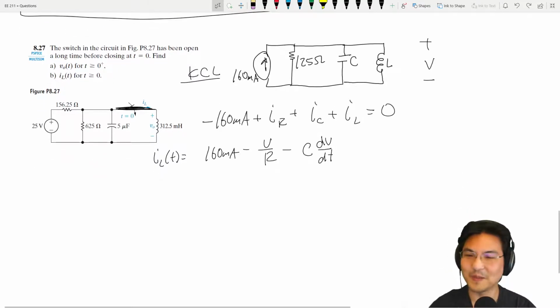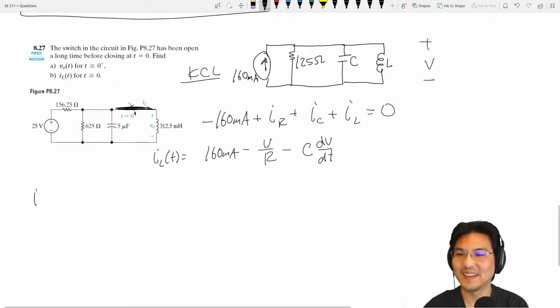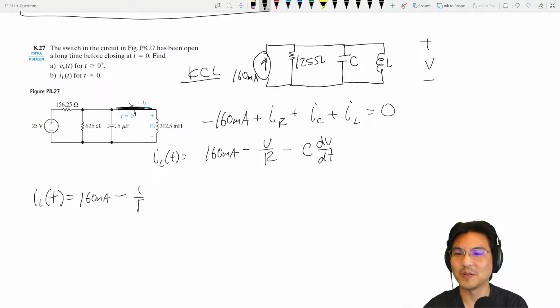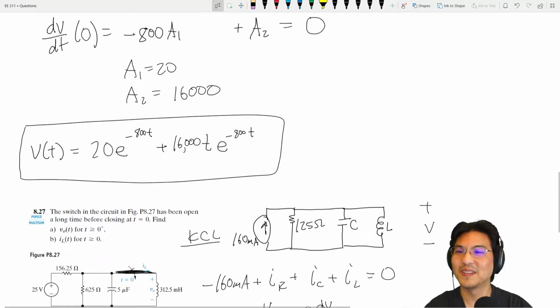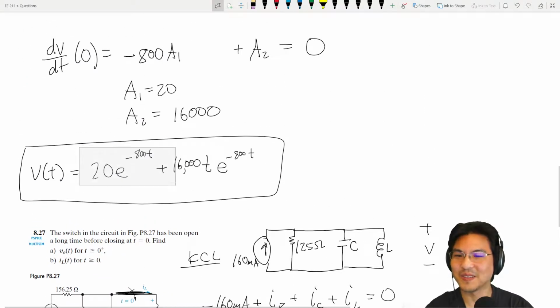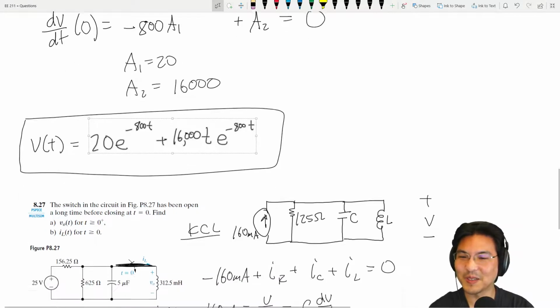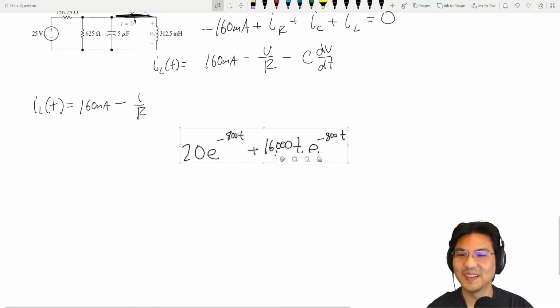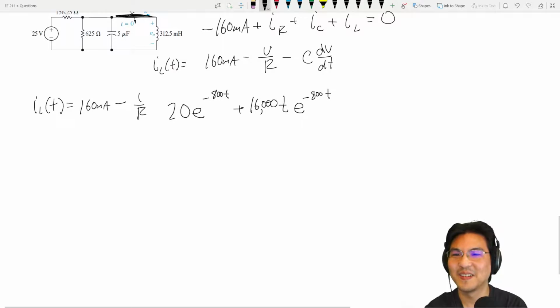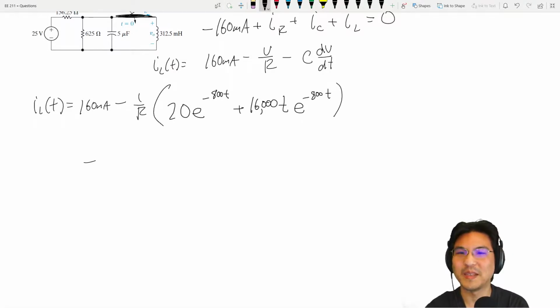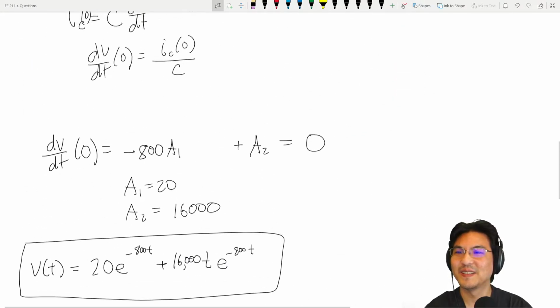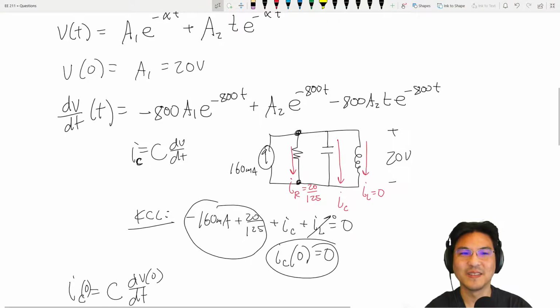Okay, so let me just take a few minutes. IL of t equals 160 milliamps minus 1 over R times V, and just copy and paste there, minus C times dV dt, which is this.